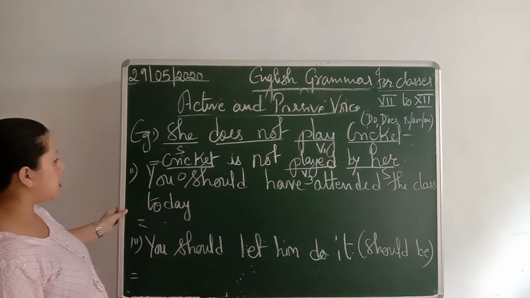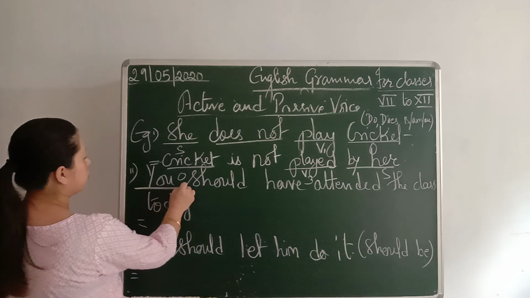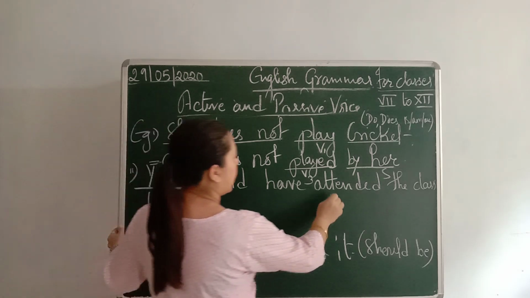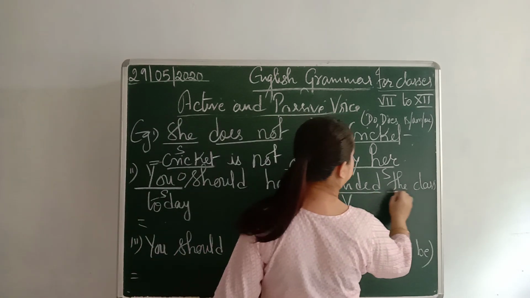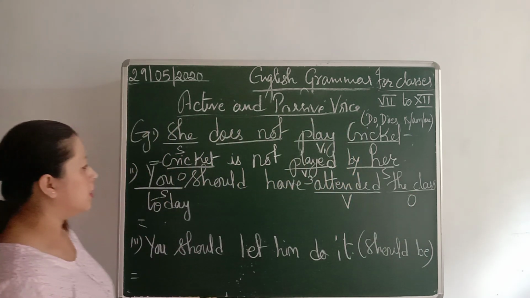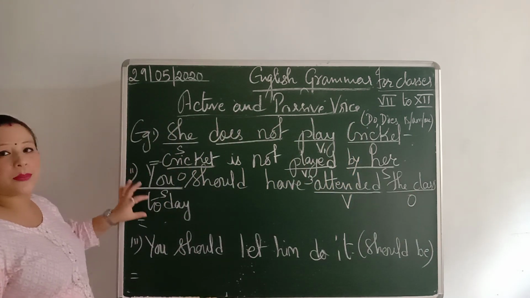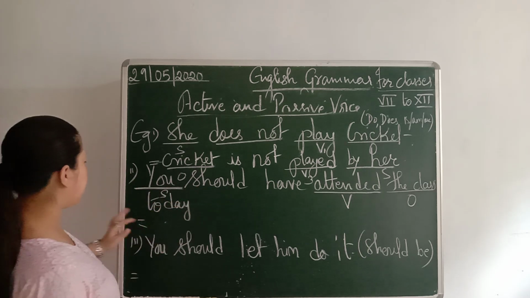So next question is, you should have attended the class today. So here you is the subject, attended is a verb, the class is the object. So now when you have to change this into a passive voice, how are you going to change? You should have attended the class today.